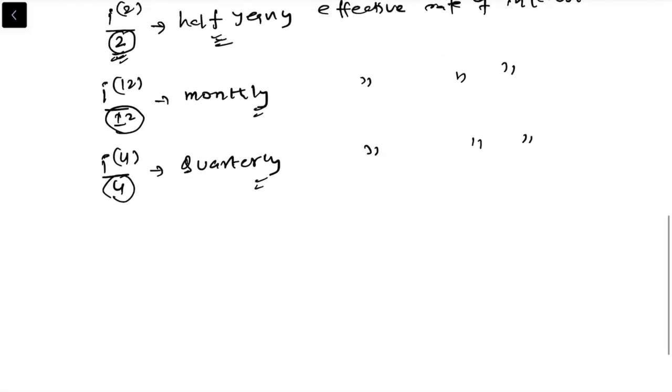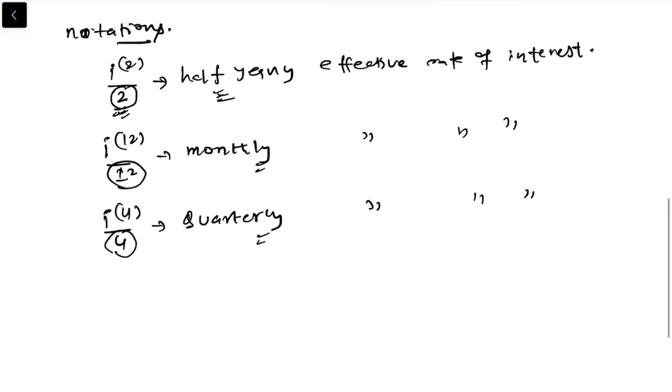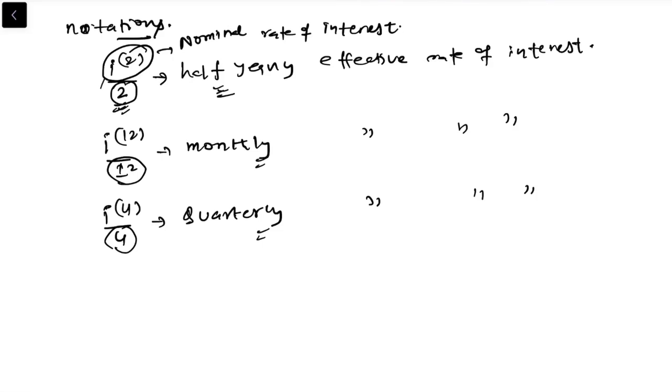Okay, now this thing in the numerator is nothing but nominal rate of interest. We are going to discuss this later in this video, but for now let me ask you, what is 1 plus i? So this is accumulation factor for 1 year, right?